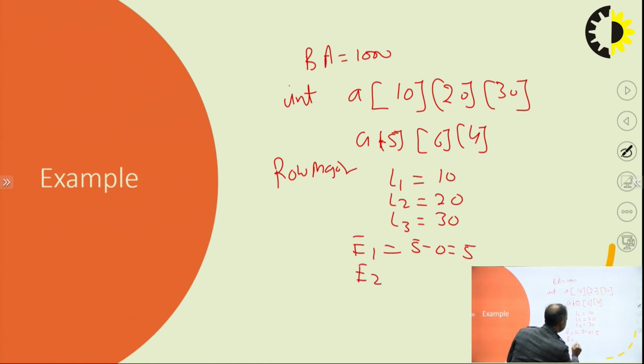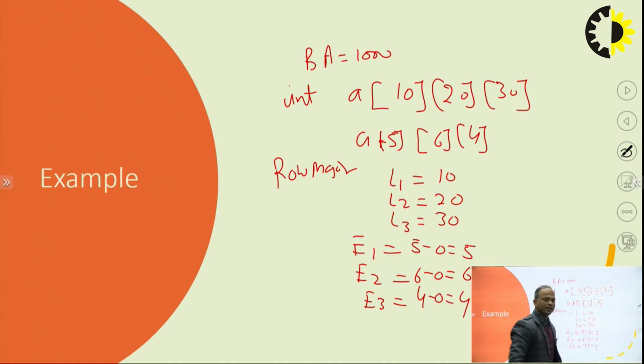E2 is 6 minus 0, this is 6. E3 is 4 minus 0, this is 4.